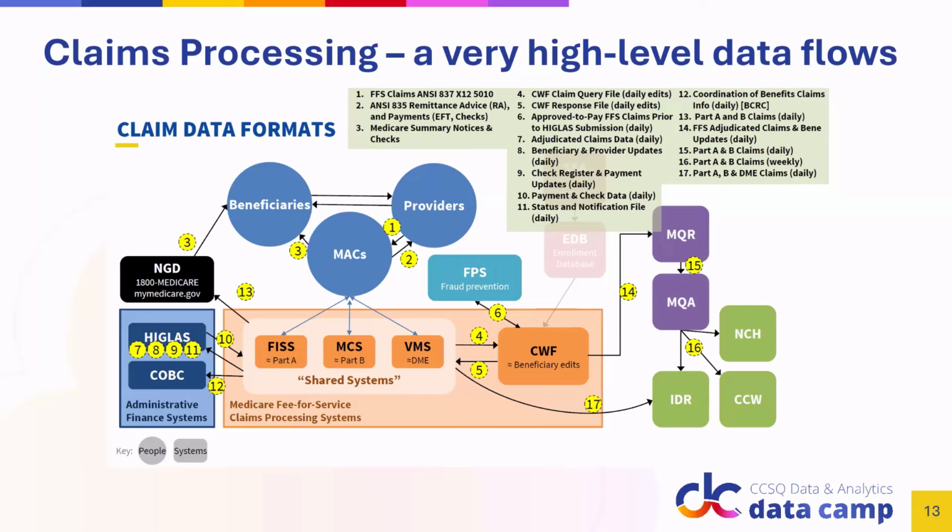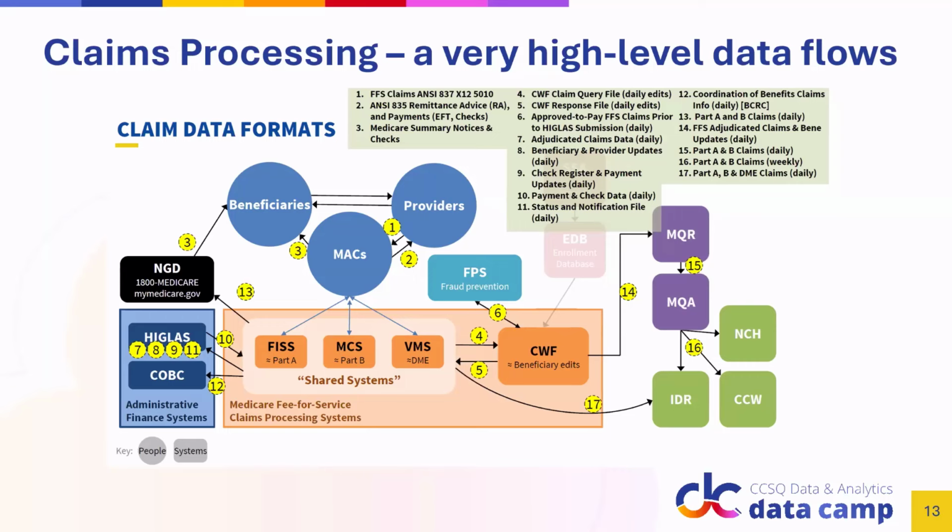So number 1 is fee-for-service claims originated by providers go to MACs, and MACs, as we discussed in the previous slide, depending on what claims they serve, they send it to one of 3 systems. And I will briefly talk about those systems which are called shared systems. These systems are not typically accessed by end users.